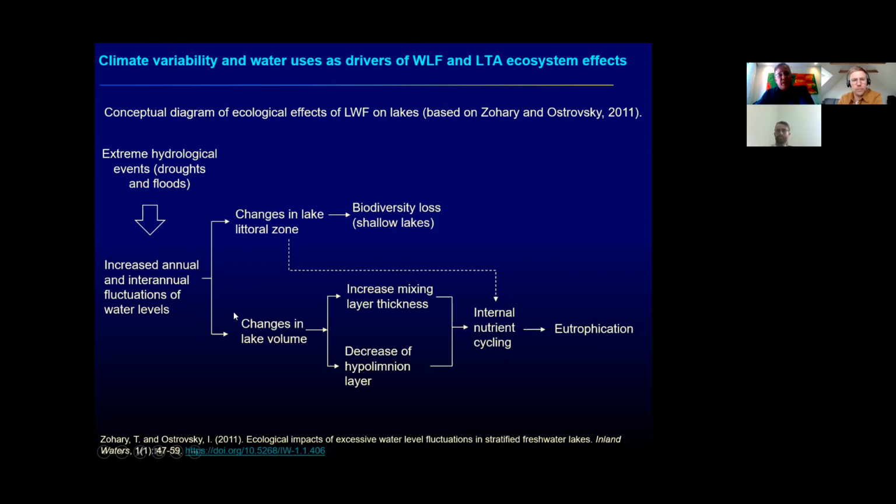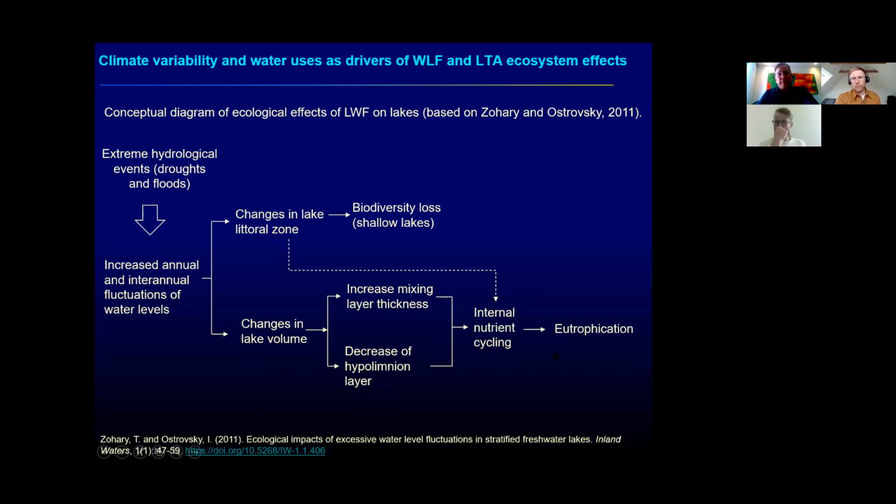Changes in lake volume may bring an increased mixing layer thickness and a decrease of the hypolimnion layer, particularly in deep lakes. So this may influence the internal nutrient cycling and then affect the eutrophication of the system. Changes in the littoral zone may also affect the internal nutrient cycling and can contribute to eutrophication of the system.